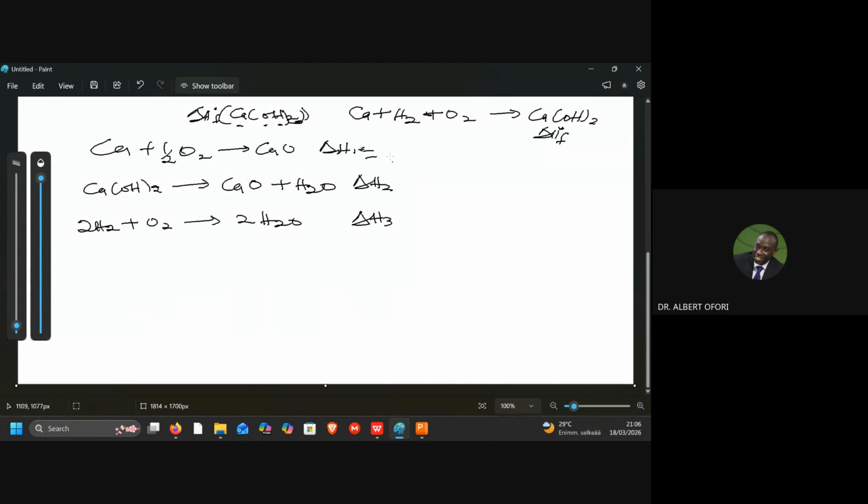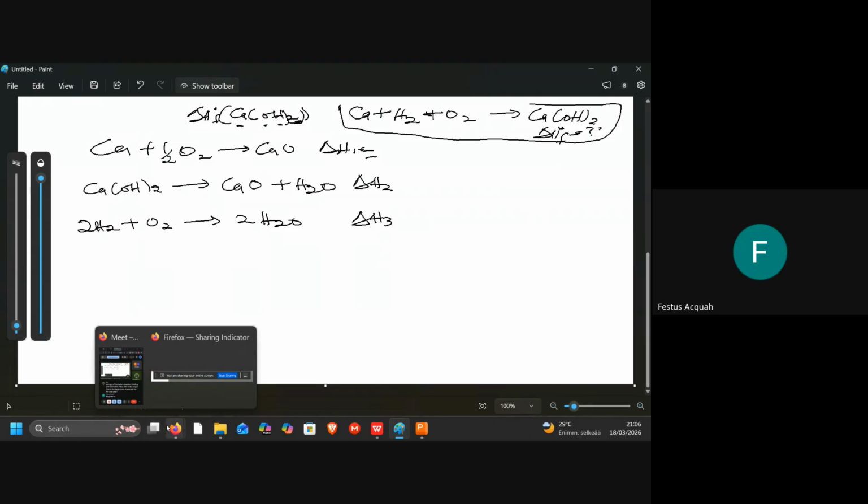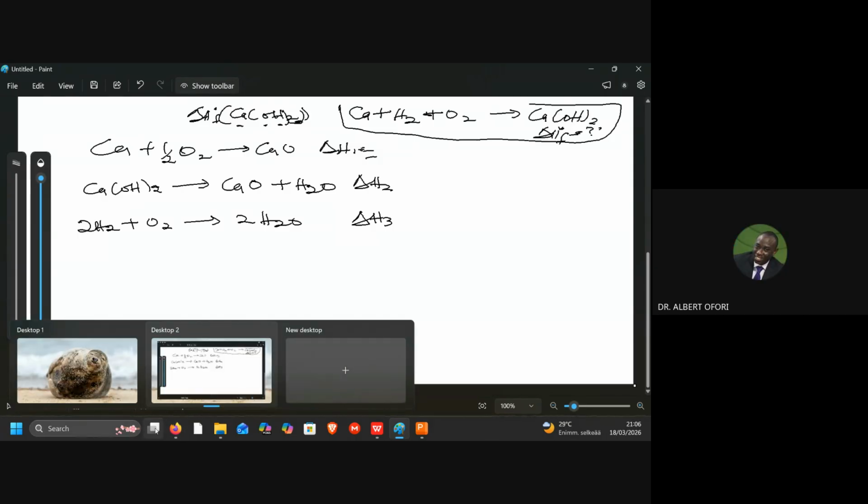Now, this is the target. This is the target I've been asked to calculate. Are you okay? So will the target be given to you? If they don't give you, the question says enthalpy of formation. That's why I initially gave you how to write the enthalpy of formation for compounds, so that you know the equation. However, if you don't know, then you should find a way of knowing.